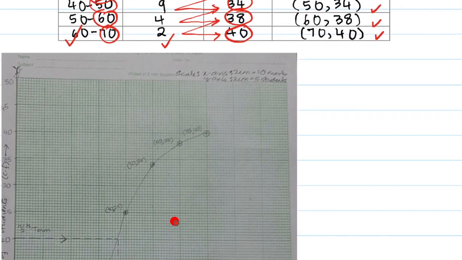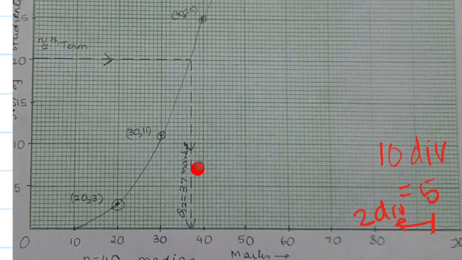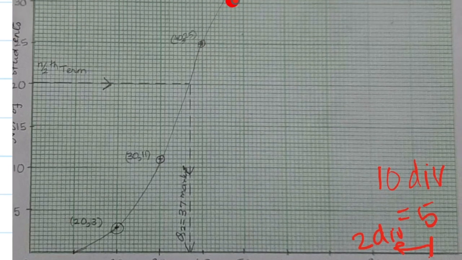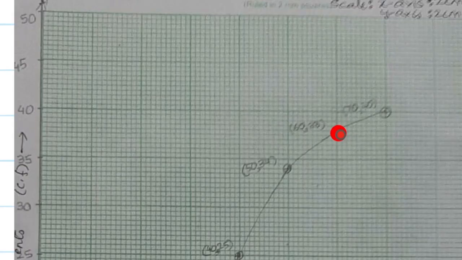Our second point is 30, 11. So here 30, and this is 10, and then I've taken 2 divisions, so that is our 11 here. Same way now, 40, 25; 50, 34. So this is your 35, and I come down 2 divisions to give that 34. 60, and here it is 38.